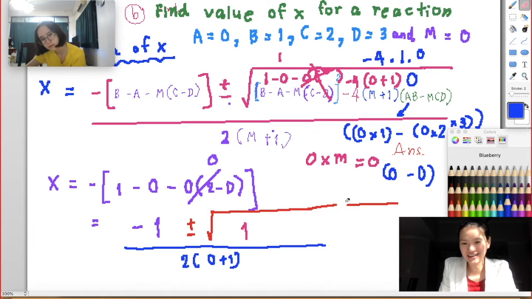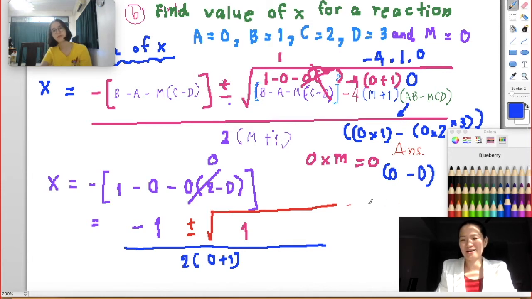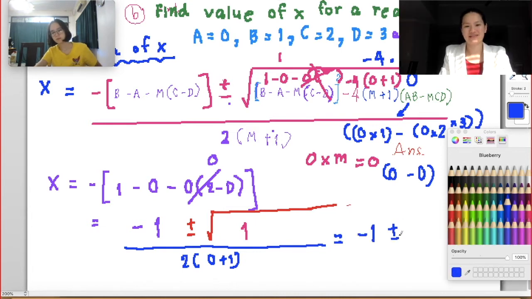Okay, let's see here. So it's equal to negative 1 plus or minus 1 over 2 multiplied with 1, which is 2.